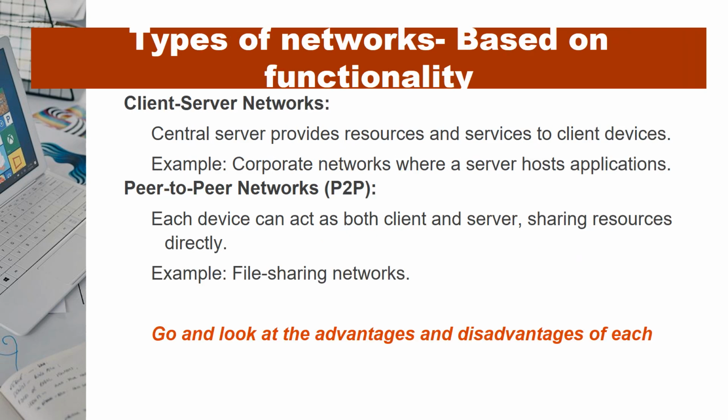Then here we're talking of classification based on functionality, and here we are talking of client-server networks and peer-to-peer networks. When talking of client-server networks, we are talking of networks that have a central server that provides resources and services to client devices.